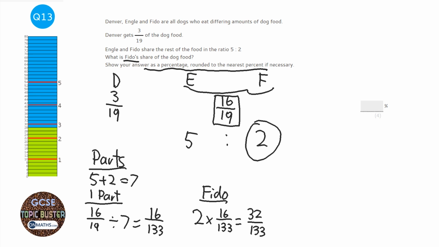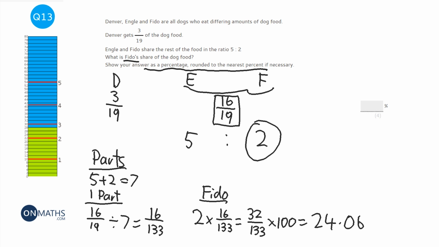So to work between fractions and percentages, I just need to times by 100. I'll do it on the calculator, times by 100, and press S to D if it comes up as a fraction, and it says 24.060 blah blah blah. So to the nearest percent, Fido gets 24%.